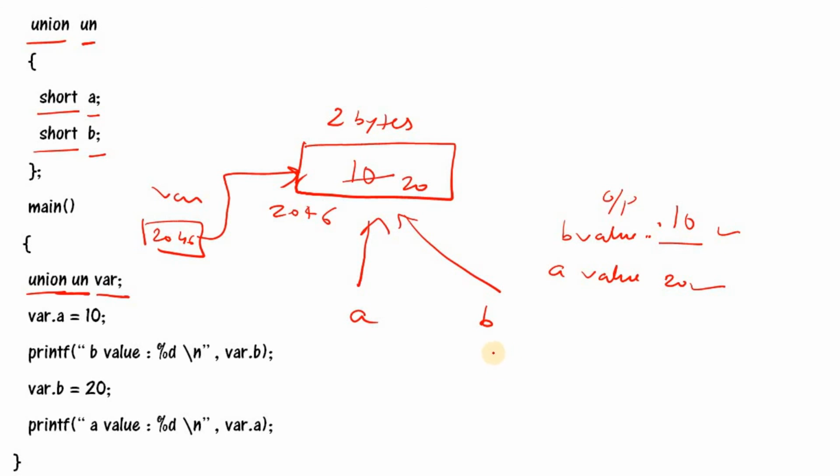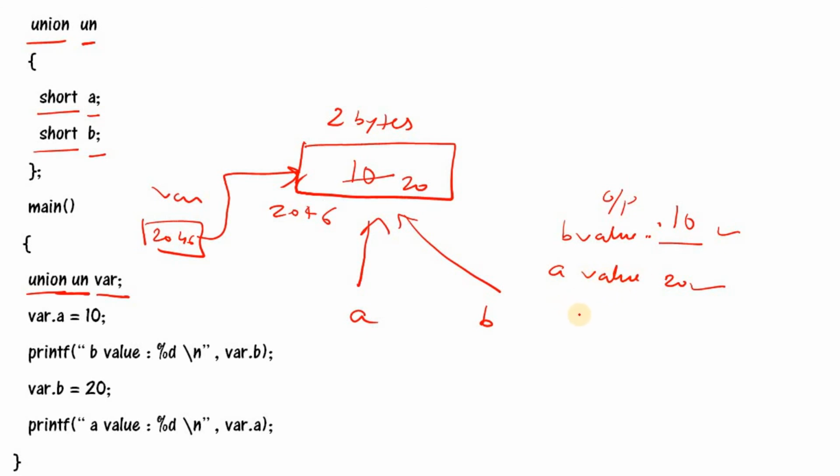Whenever we are allocating memory to this union, the A value and B value point to the same location. So whenever we use variable A or variable B, whatever data you are storing or processing affects a single memory location.